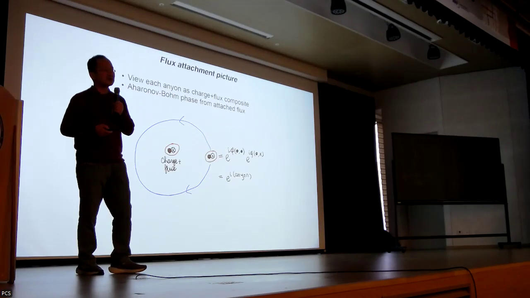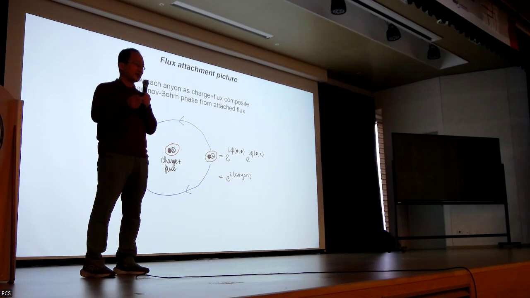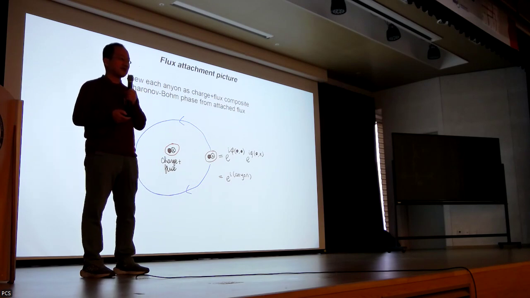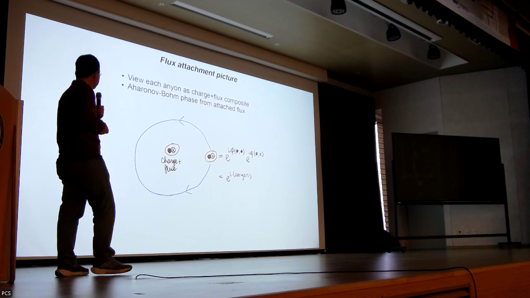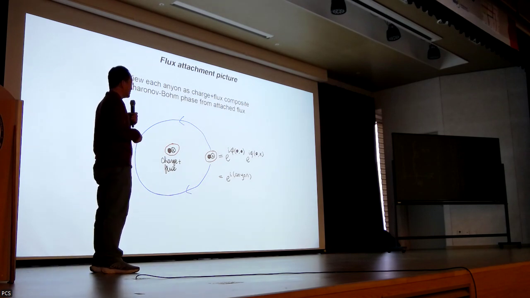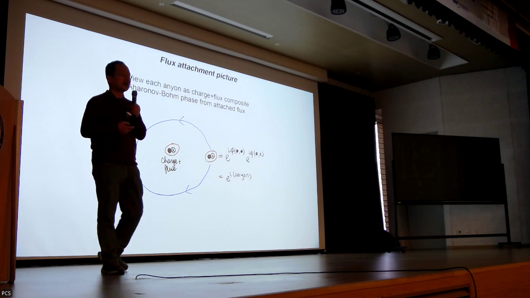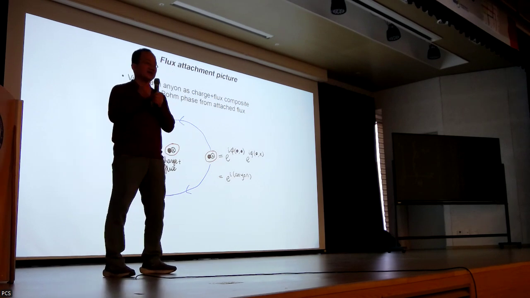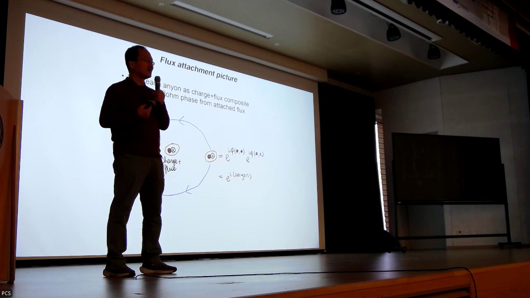So a simple picture proposed in one of two papers by Frank Wilczek, published back-to-back in 1982, was that you can view an anyon as some particle tightly coupled to some magnetic flux. And this flux can be anything.